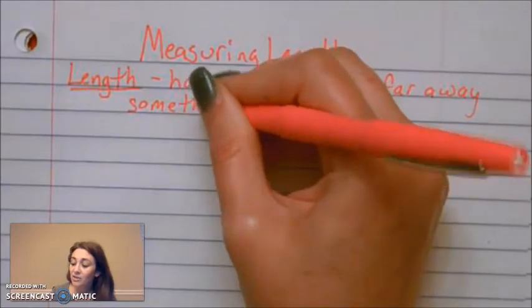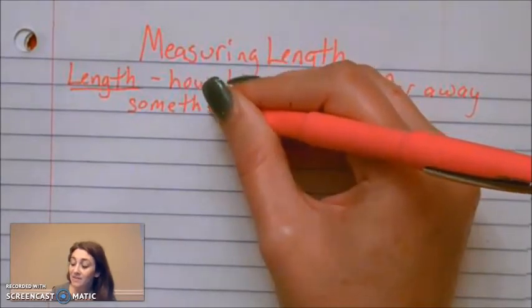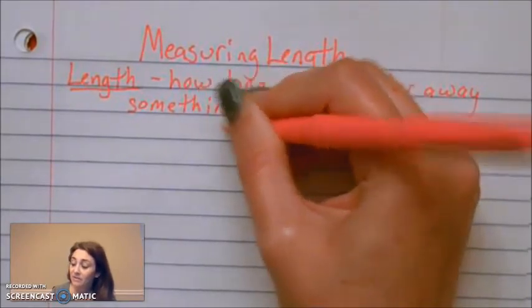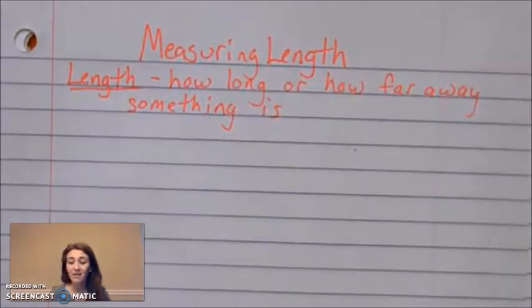There are two different systems of measurement for length and for all the rest of the things we're going to measure. There's the American way, which we call customary units, and the way scientists and everybody else does it, which is metric units. So customary units is what we're going to start with.